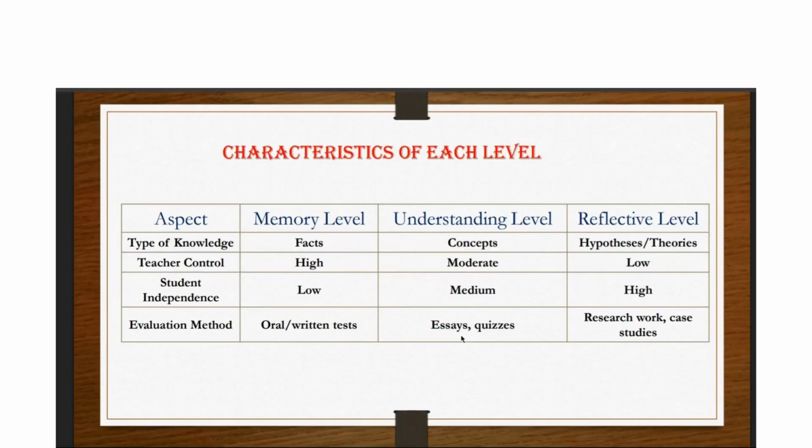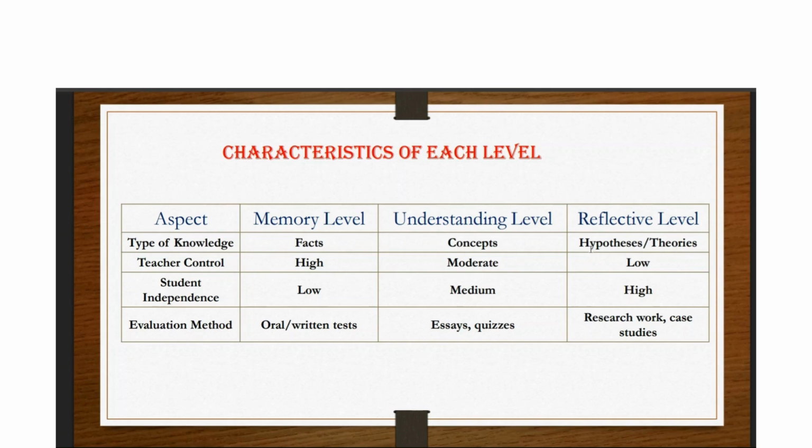And one more thing, the characteristics of each level. Aspect, type of knowledge: memory level needs facts and figures, understanding level you have to understand the concepts, and in reflective level there are hypotheses and theories. So what is a hypothesis? A hypothesis is needed when there is a problem.